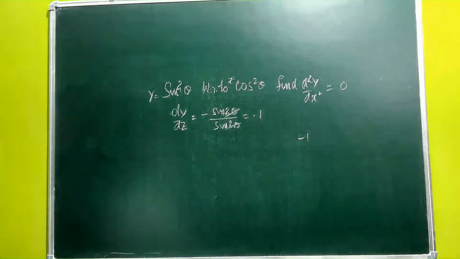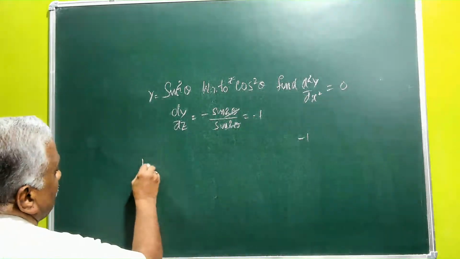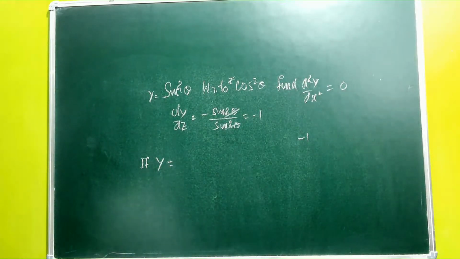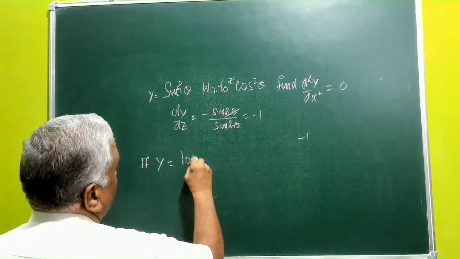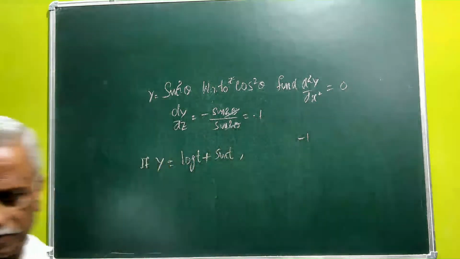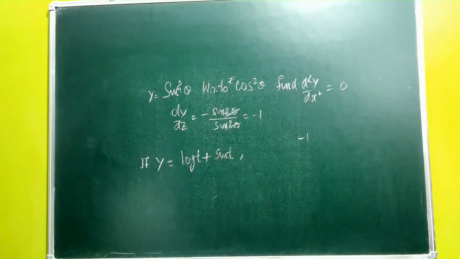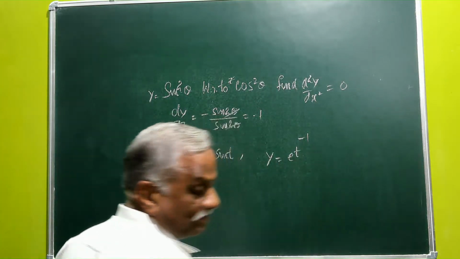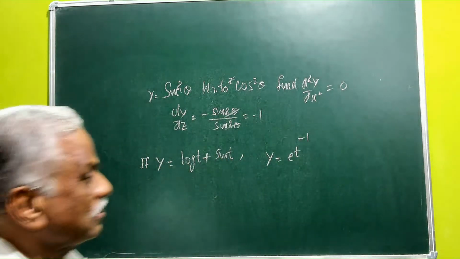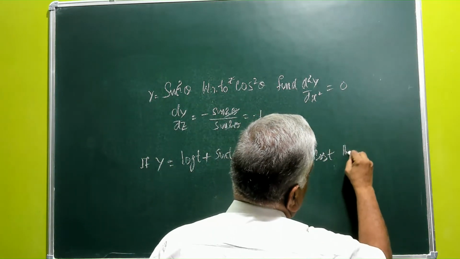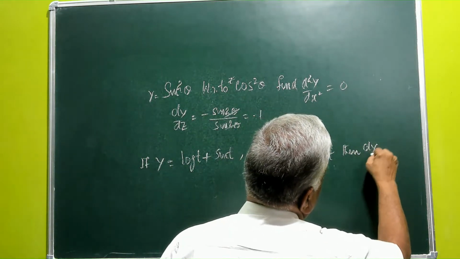The next problem: if x is equal to log t plus sin t, y is equal to e to the power of t plus cos t, then dy by dx.